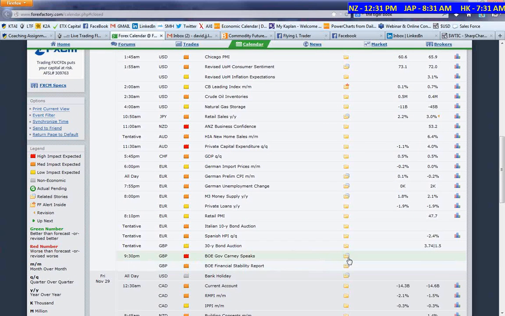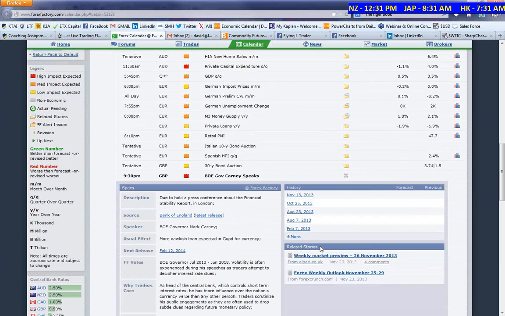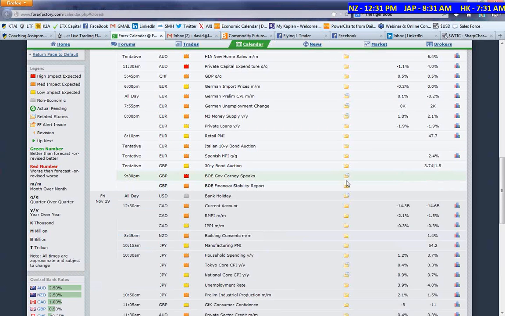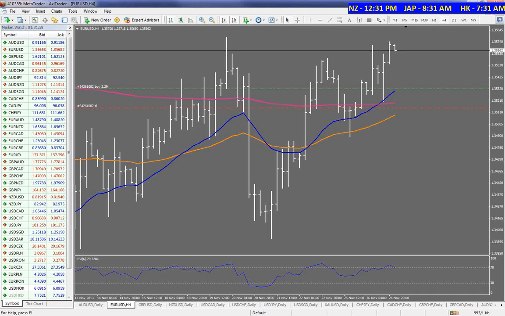Financial stability report. Okay, so it's an official engagement. Volatility is often experienced during this, trying to decipher interest rate clues. I think there might be volatility around it. So if you're going to trade it, you'd certainly trade it with that in mind.